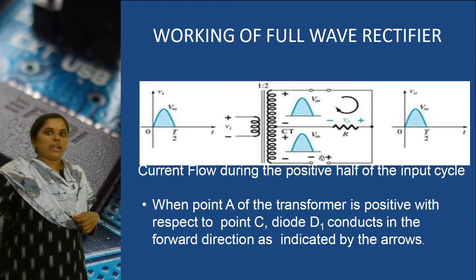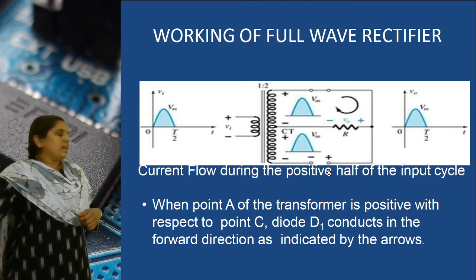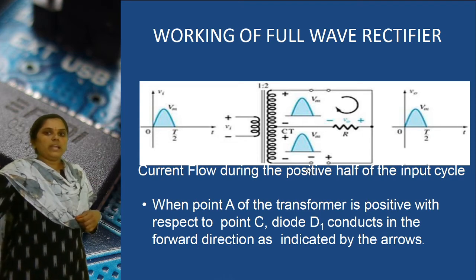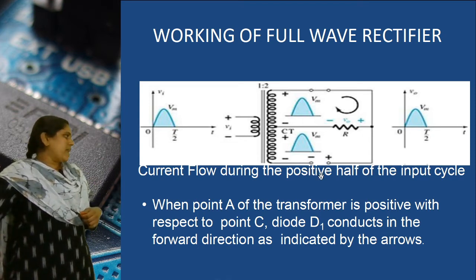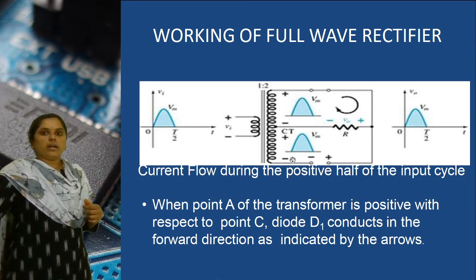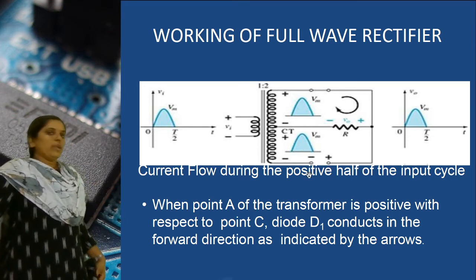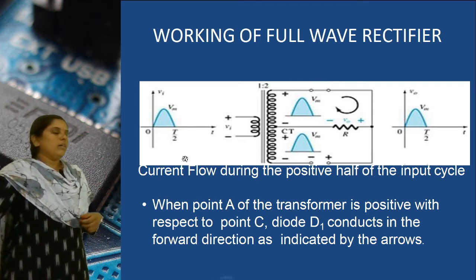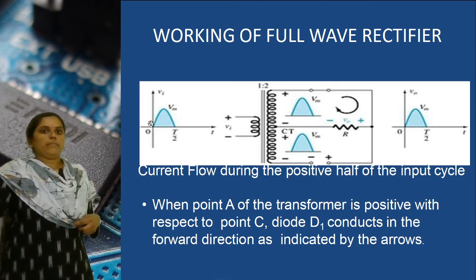It is then reverse biased, and in reverse biasing the diode acts as an open circuit. There is no current flow through diode D2. Only diode D1 conducts when we apply the positive cycle.